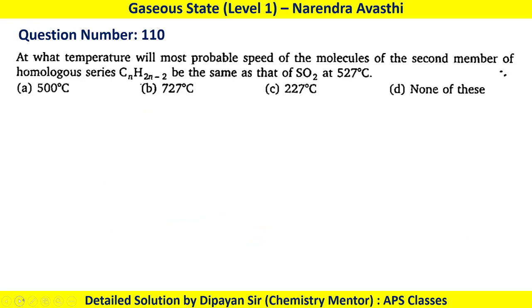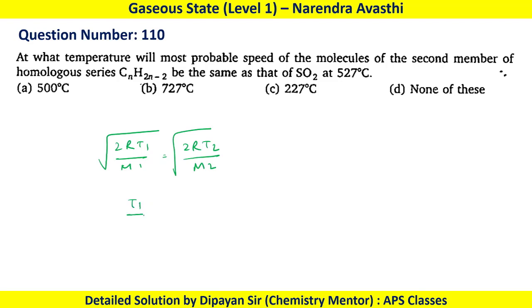In 110, at what temperature will the most probable speed of the molecules of the second member of the homologous series CnH2n minus 2 be the same as that of SO2 at 527 degrees centigrade? So root of 2RT1 by M1 equals root of 2RT2 by M2.